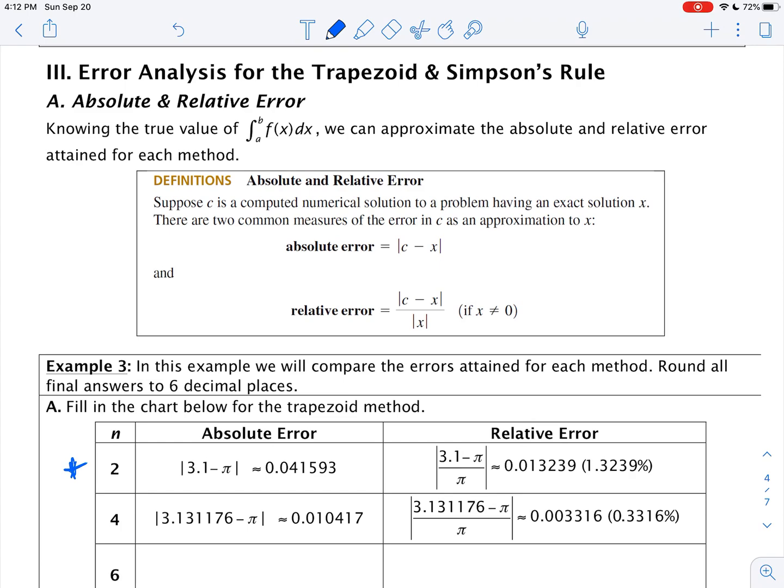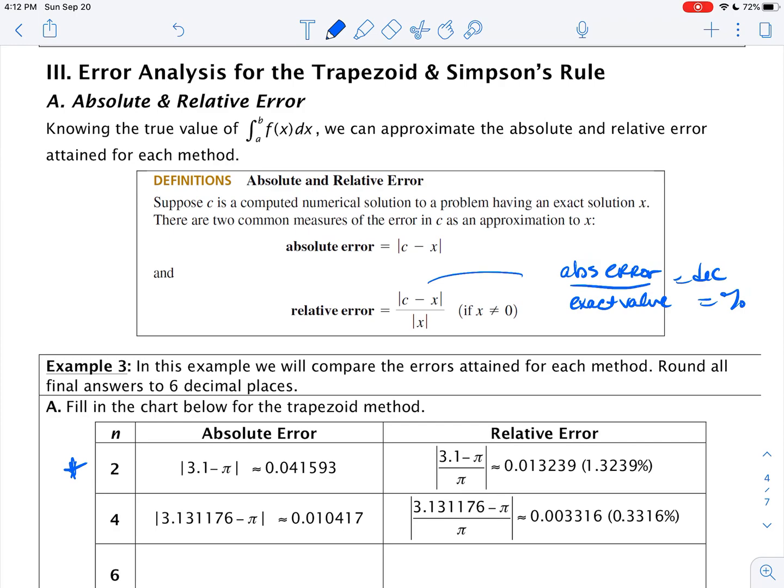And our relative error is going to be our absolute error over the exact value, right? So relative error would be absolute error over the exact value, and that's going to give us a decimal, which could give us a percent, right?